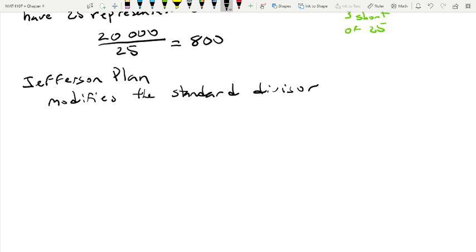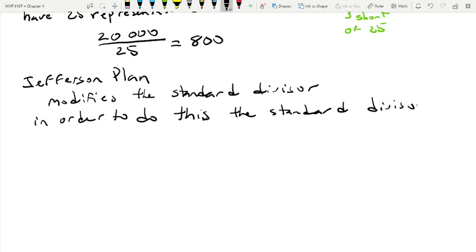In order to do this, for my example, the standard divisor needs to be less than the 800. Let's be less than that 800.